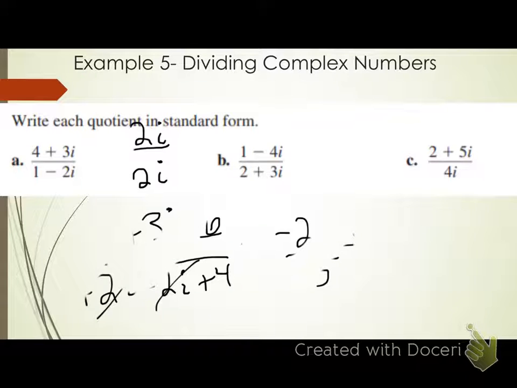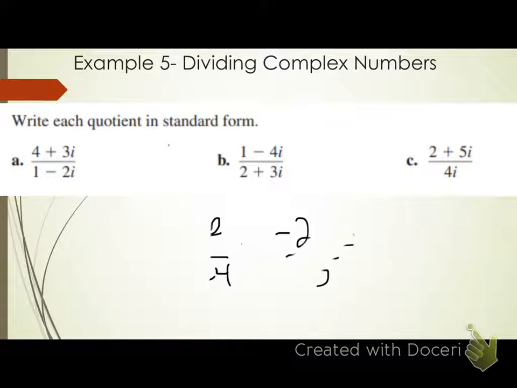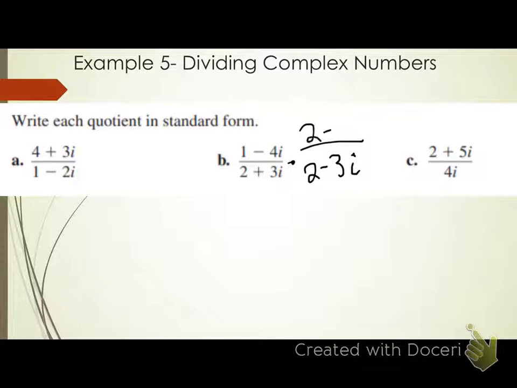So let's look at letter B. Once again, I want to find the conjugate of my denominator. The conjugate of the denominator would be 2 minus 3i. So I'm multiplying the numerator and the denominator by 2 minus 3i.